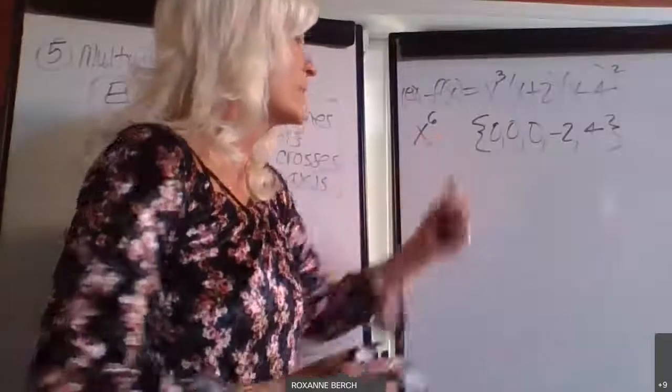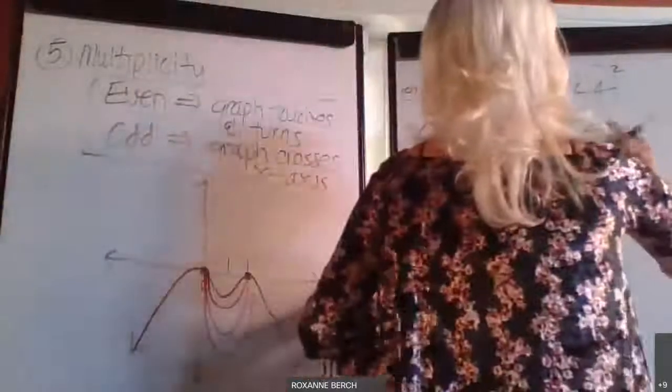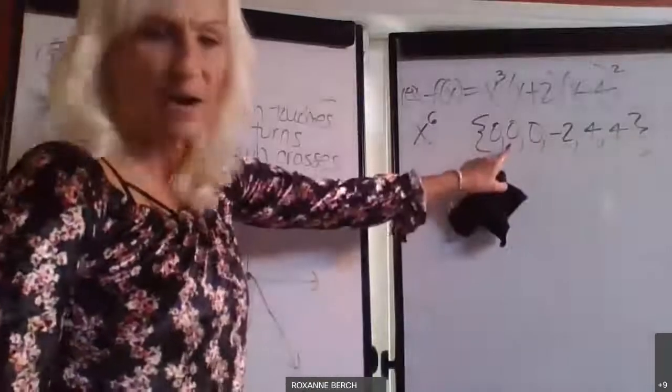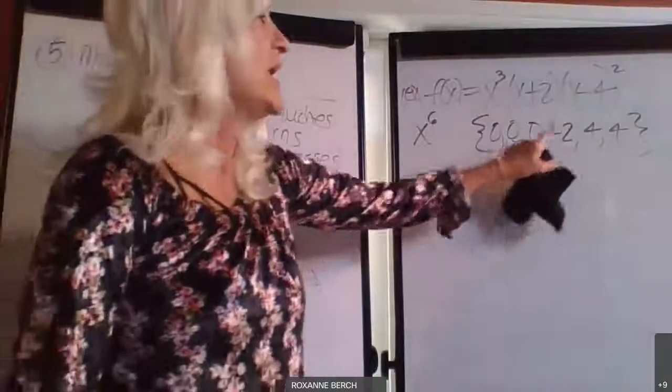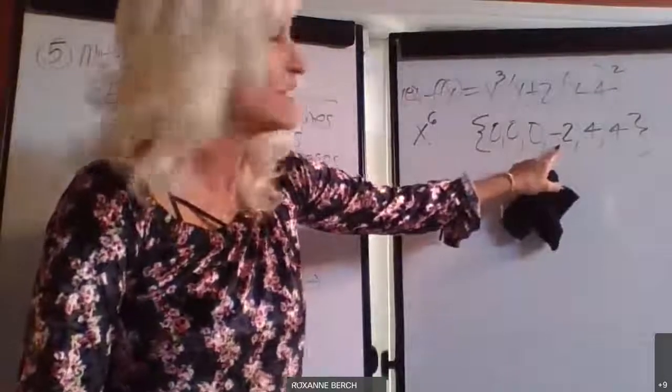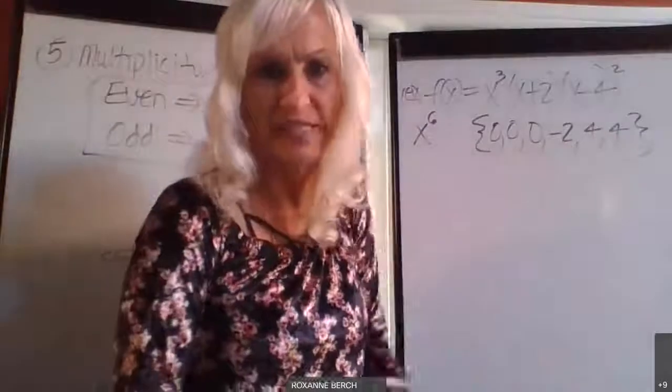Okay. Now, you told me 6. There's 2 positive 4s. Yeah, thank you. And there's my 6. And this guy, 0, has a multiplicity of 3, which means he crosses the x-axis. Negative 2 has a multiplicity of 1, which means he crosses. And that guy has a multiplicity of 2, which means he touches and turns.